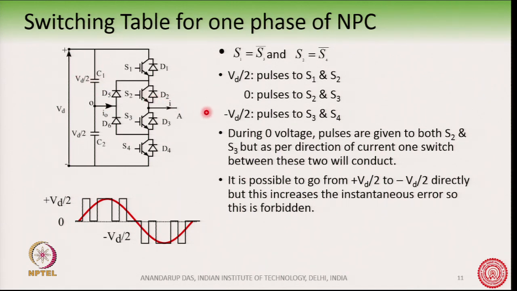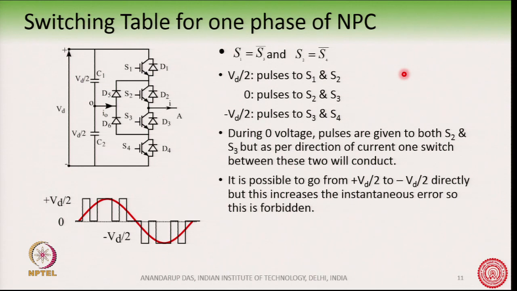So, I cannot turn on S1, S2, S3 at the same time. Therefore, I have to turn off S3 when I am turning on S1, and that is how S1 and S3 become complementary, and on a similar logic we can also find out that S2 and S4 are complementary.